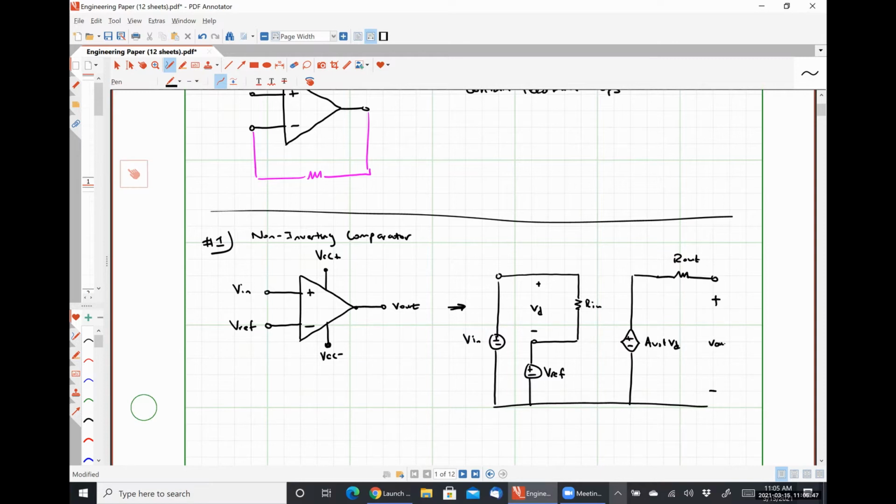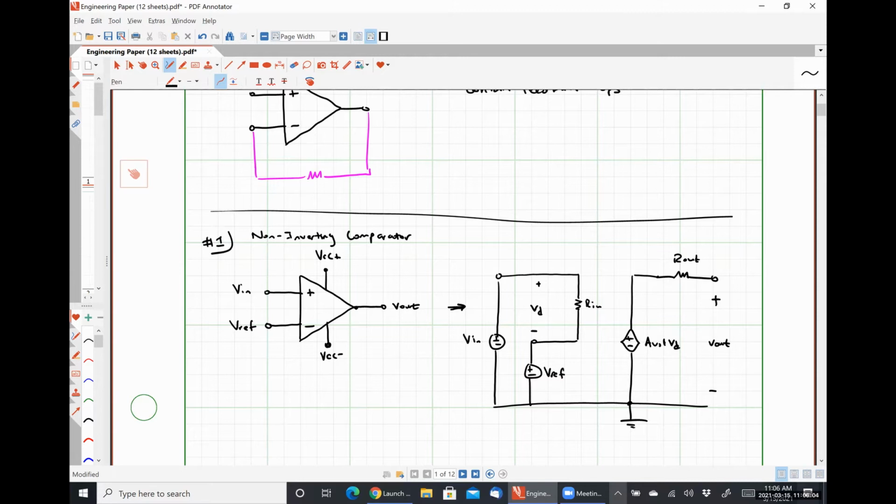Minus V out, and let's put our ground right here. So this is what our practical op-amp model representation of our non-inverting comparator is going to look like.